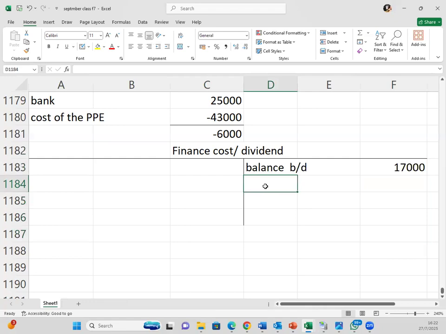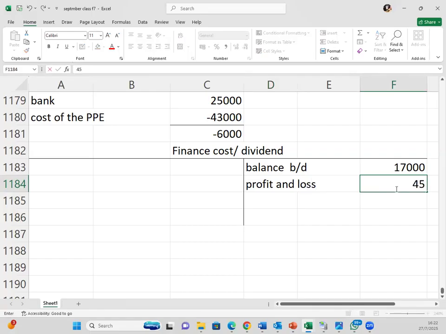Then the finance cost for the year, which we take to the profit and loss, or the dividend for the year. That is what we put here.